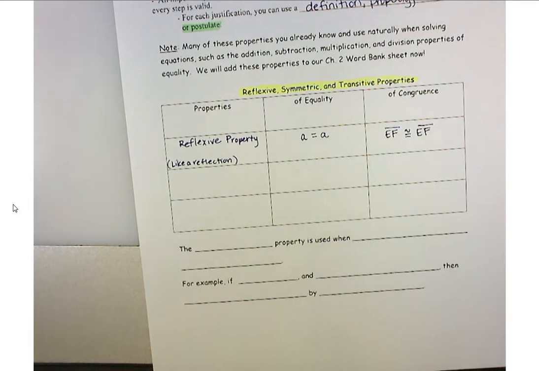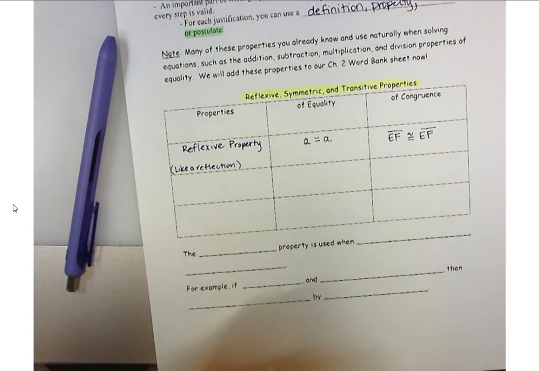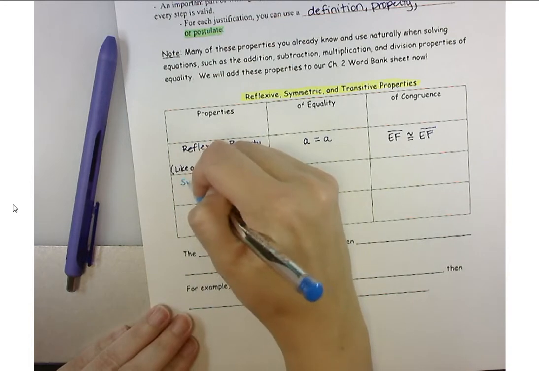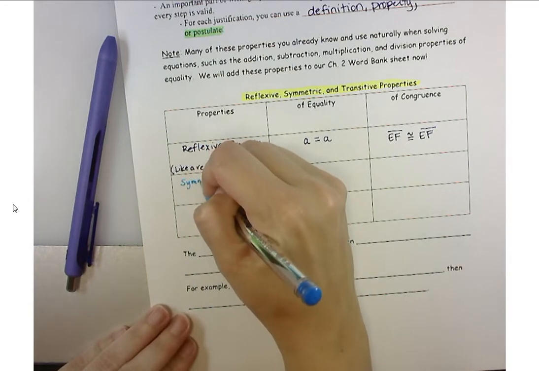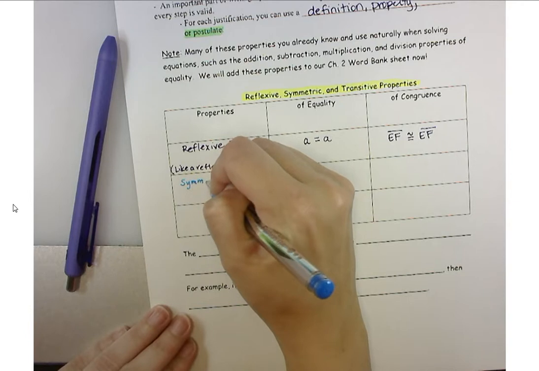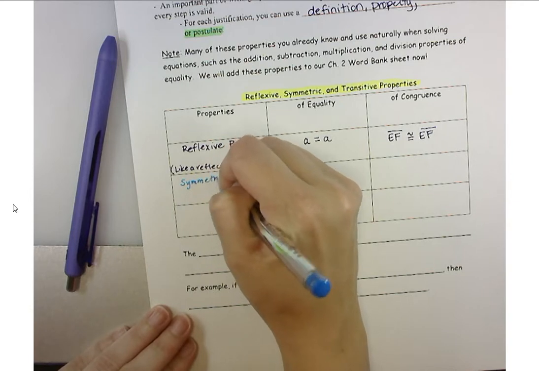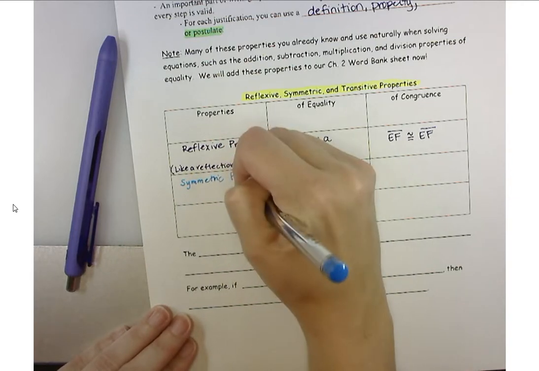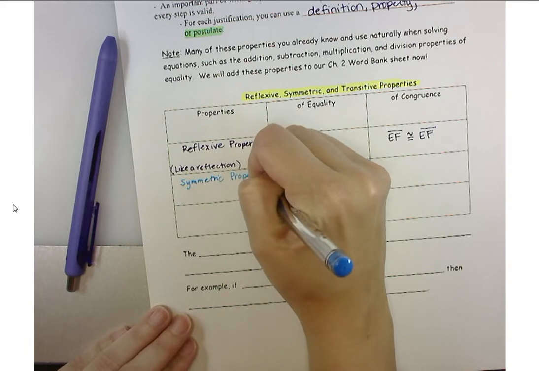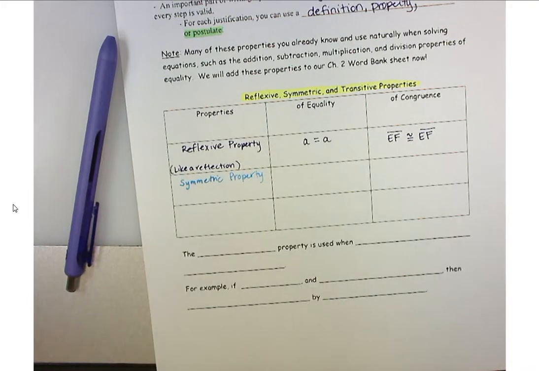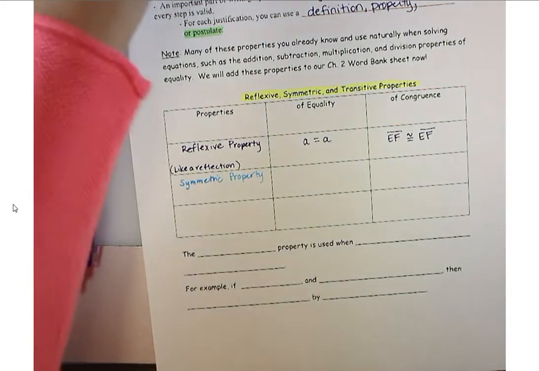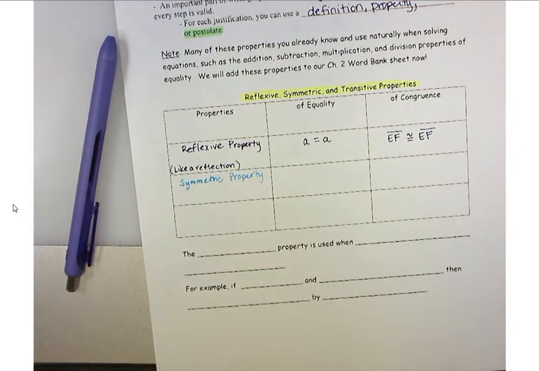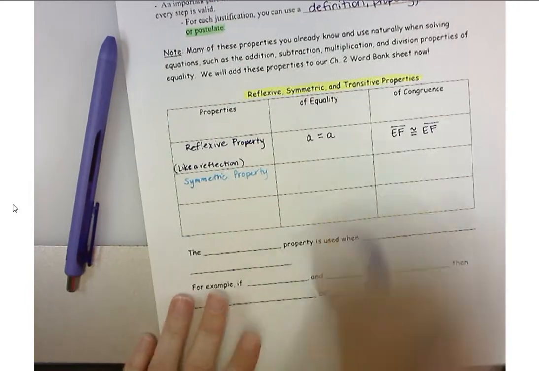The next one is the symmetric property. Some of you wrote down the definition for symmetry, which is a little bit different than the symmetric property. The symmetric property is going to look like a flip.